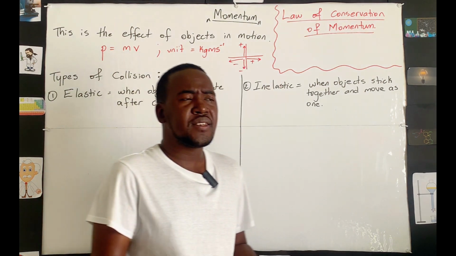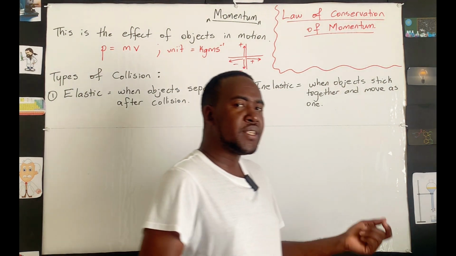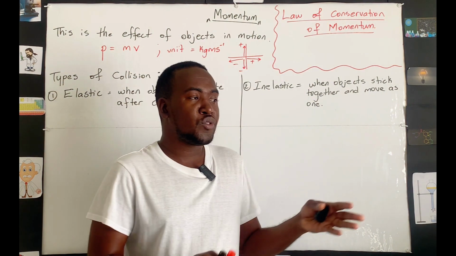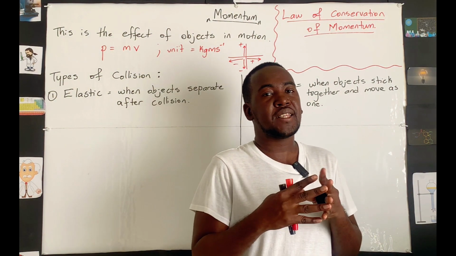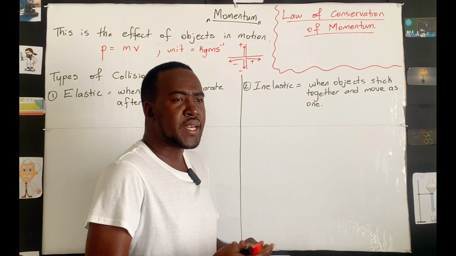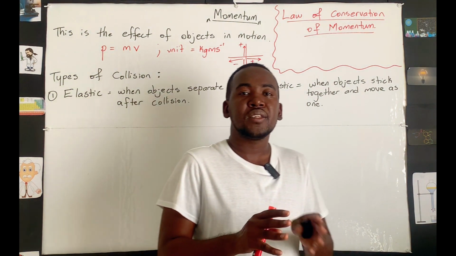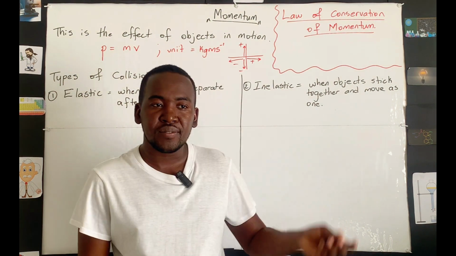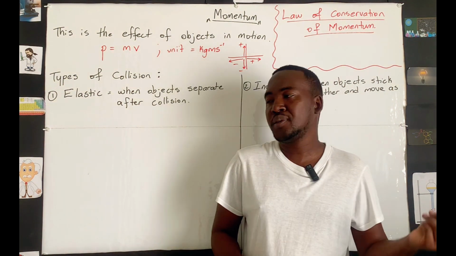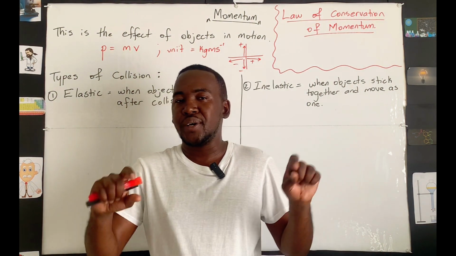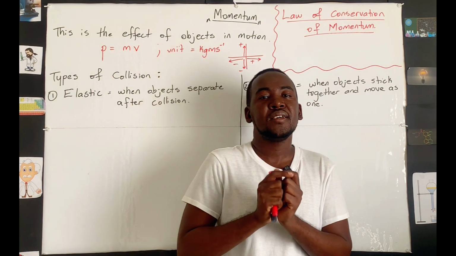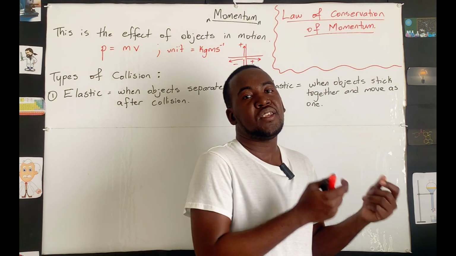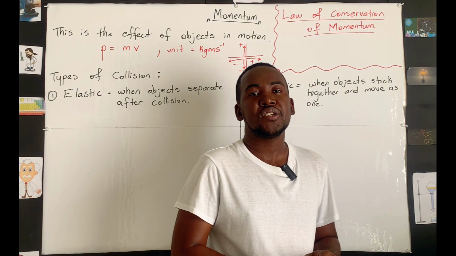And what that means is, if an object is moving and hits another object that's moving, they both have momentums. When you add that together, the number you get will be the total in that system. And after collision, even though one will probably speed up or slow down, when you add those momentums together again, you should get the same number as what you got before collision.